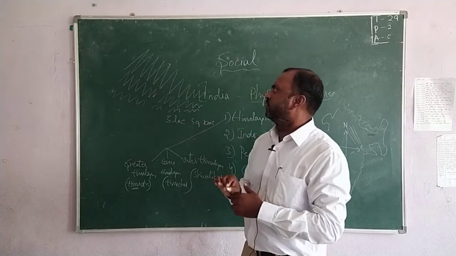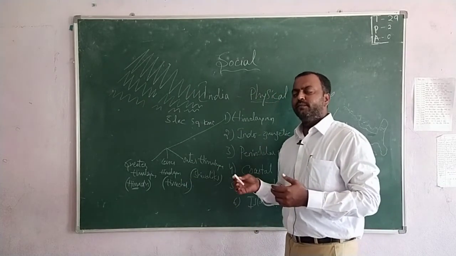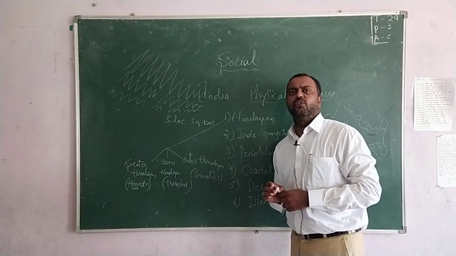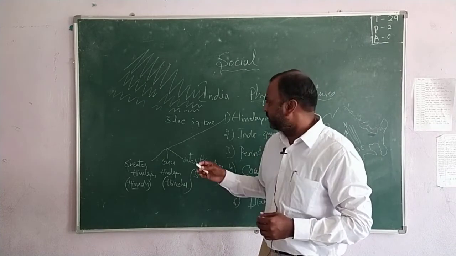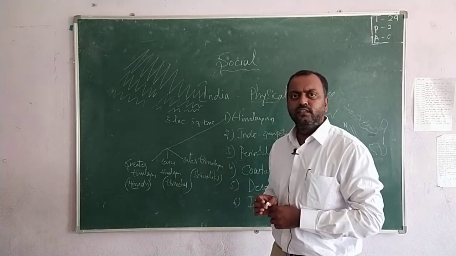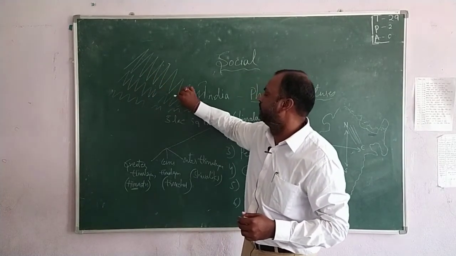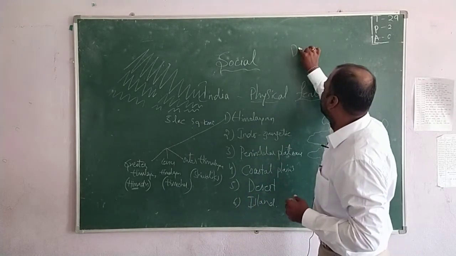Then coming to the next range, the Lesser Himalayas. The Lesser Himalayas' average height varies between 3,000 to 4,500 meters above the sea level. Lesser Himalayas have gaps. There are flat longitudinal bottomed valleys, which we call Dun.